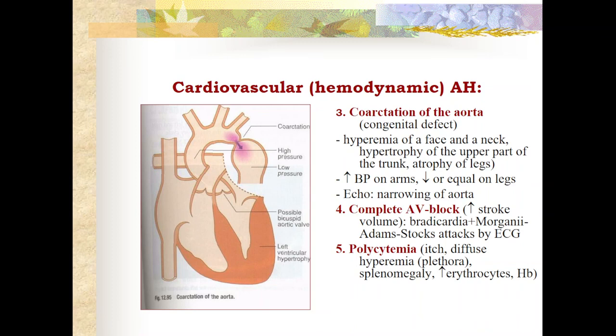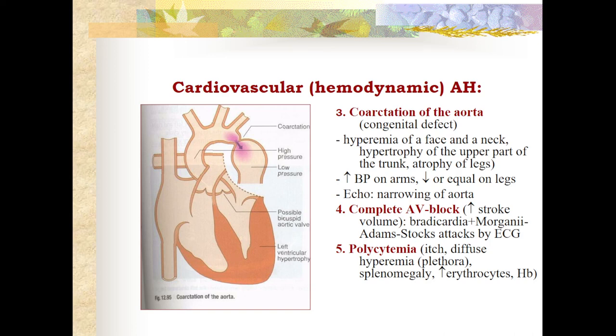Coarctation of the aorta, a congenital defect, is associated with hyperemia of the face and neck, hypertrophy of the upper part of the trunk, and atrophy of the legs.